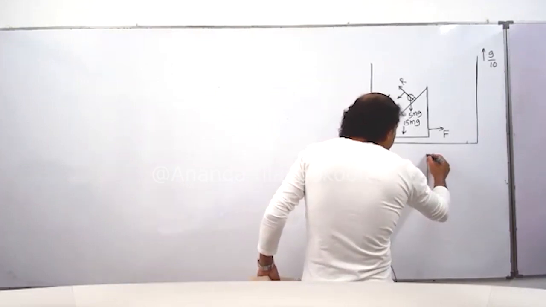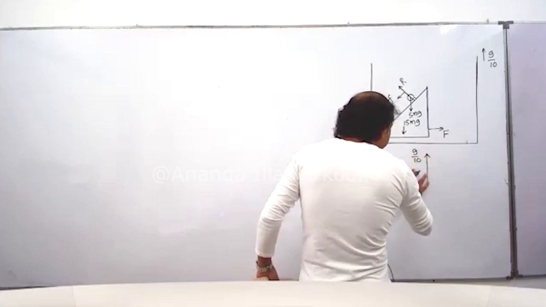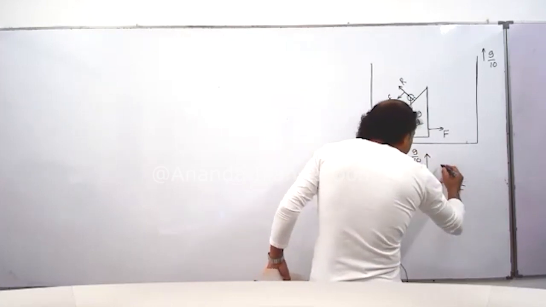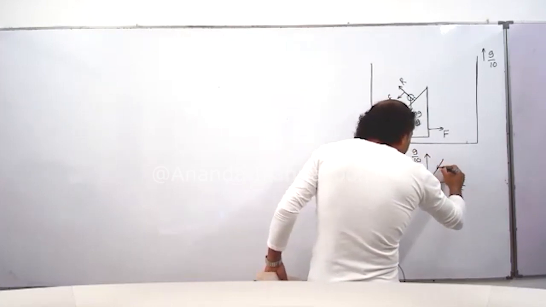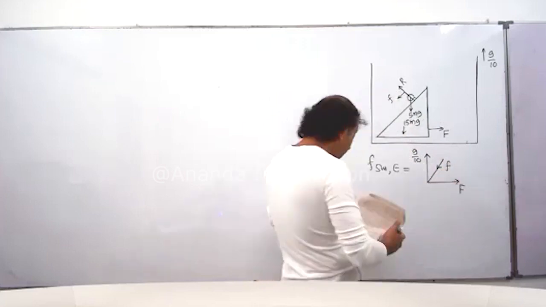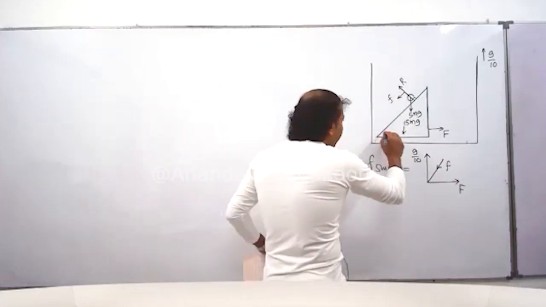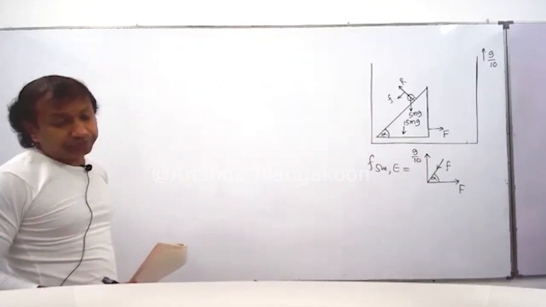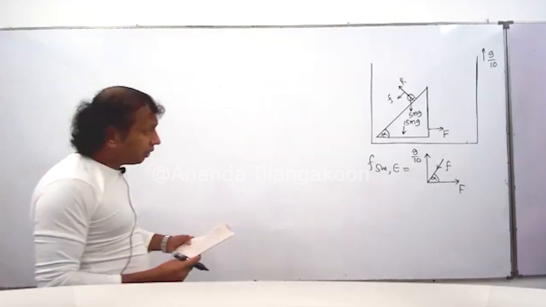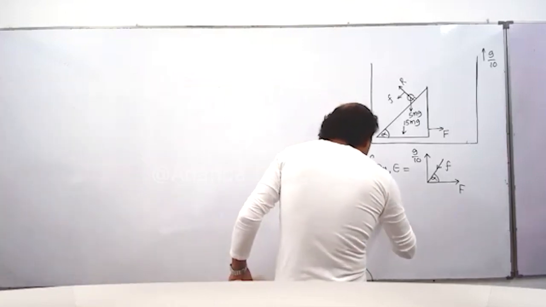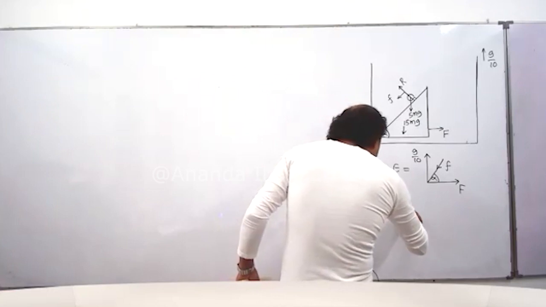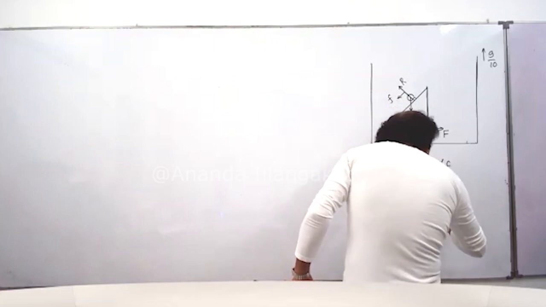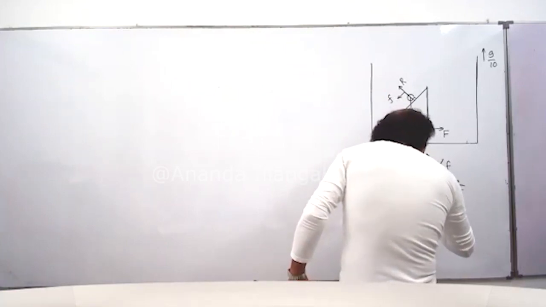The direction: it gets g by 10 acceleration upward, rightward it gets capital F, and meantime it gets simple f acceleration. The angle of the wedge given here is alpha, therefore this is alpha. Okay. Then the acceleration of the wedge relative to Earth: rightward capital F, upward g by 10.